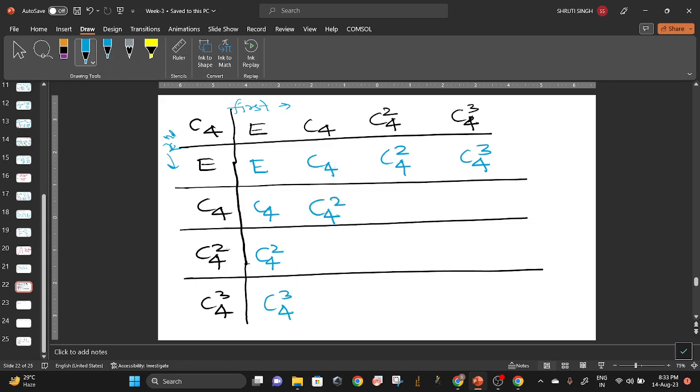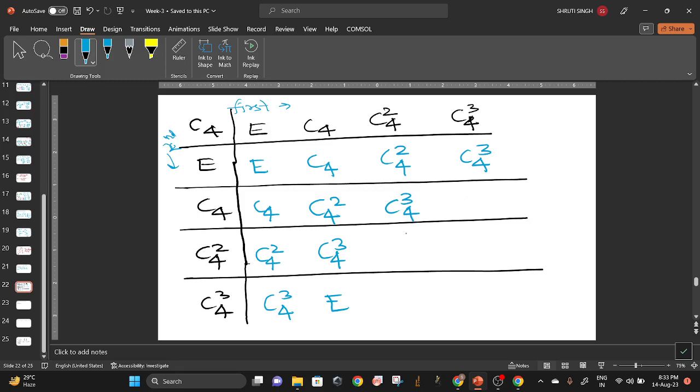C4 dot C4 2 is C4 3. C4 dot C4 3 will be E, right? C4 4 will be E. Now C4 2 dot C4 is C4 3. So all the elements are coming from within the group itself. So it is a group.